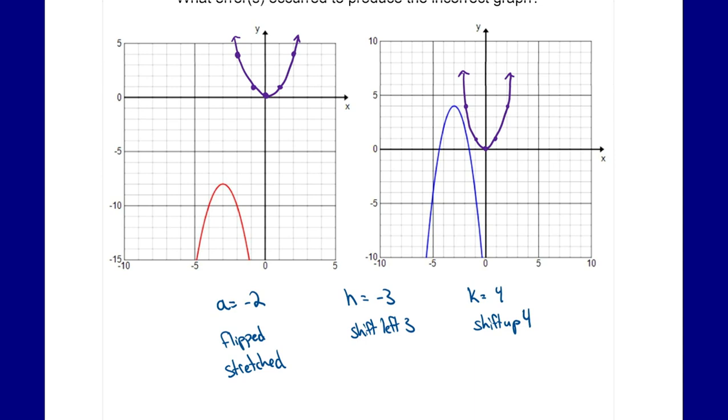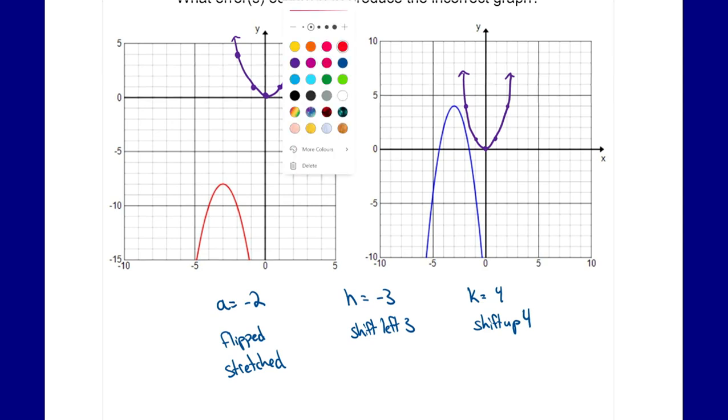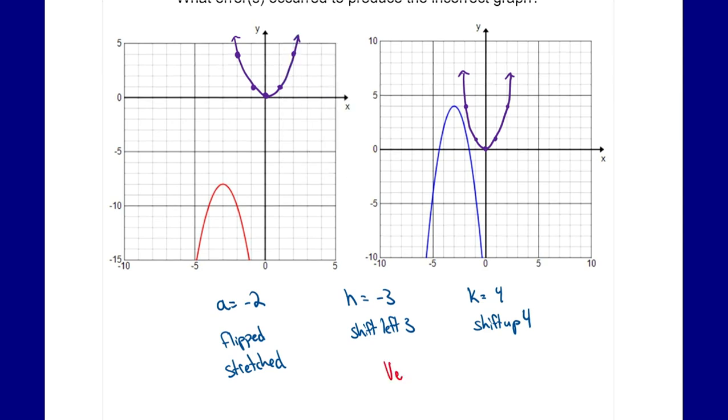If we look at it, we should see a shift left and a shift up. Right from those two, I should be able to clearly see which one it is. A shift left and a shift up should bring me to a vertex, which we can write below. We should have a vertex of (-3, 4), and the only one that has that is the one in blue here. So this is the correct one, and this one is incorrect.